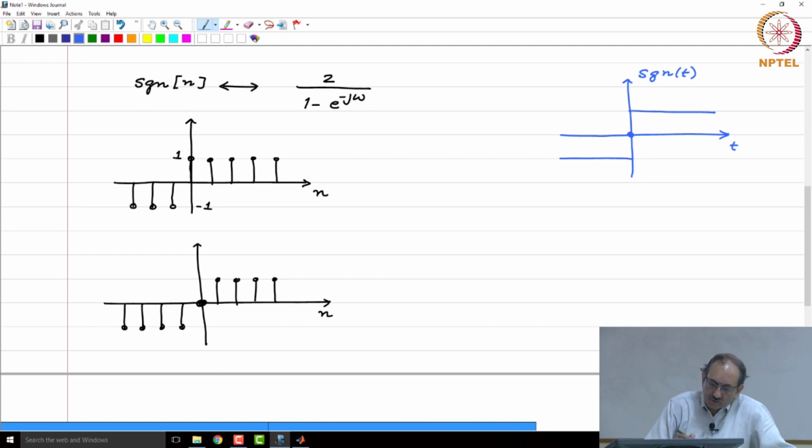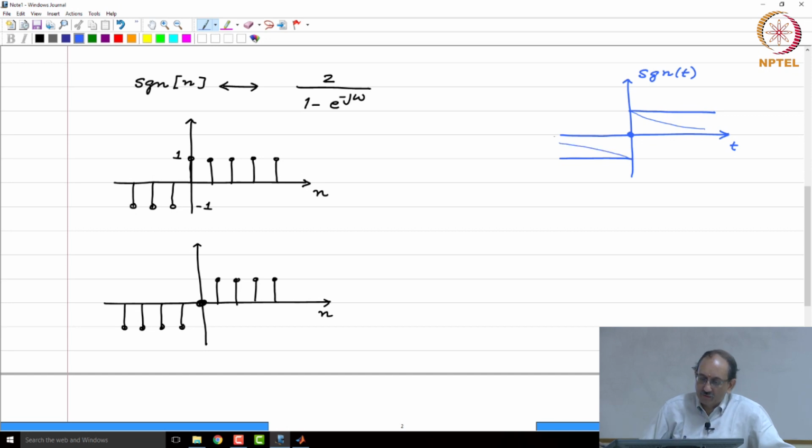So what was done was you have replaced this by this, and this of course is e power minus at u of t, where a is between 0 and 1, and this was minus e power minus at u of minus t, and then you let the limit as a tend to 0, so that e power minus at u of t as a tended to 0 would tend to u of t.